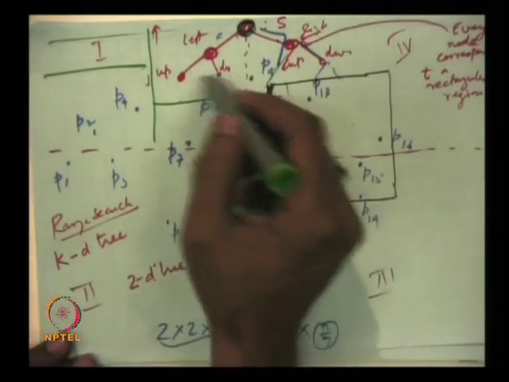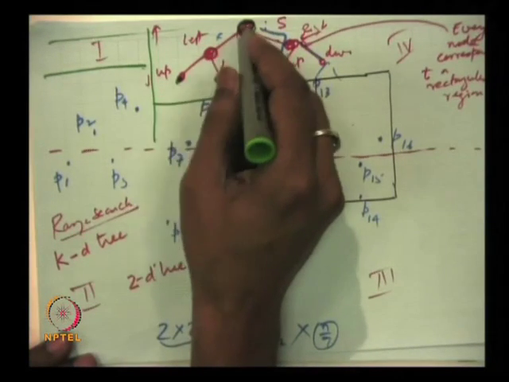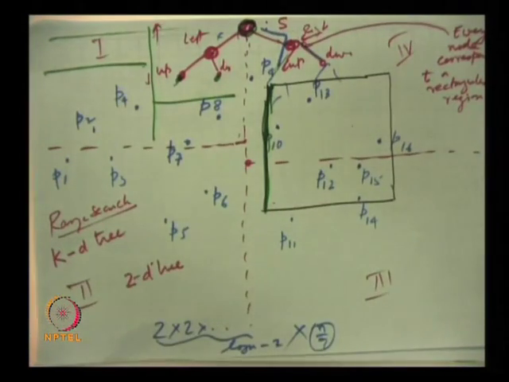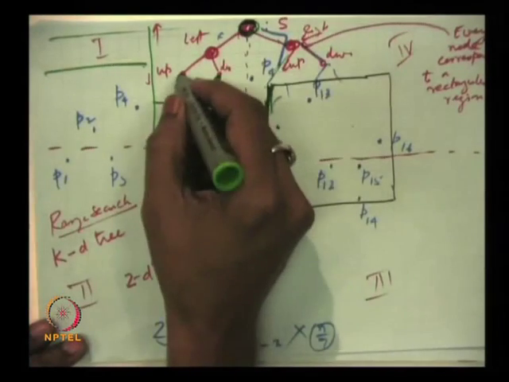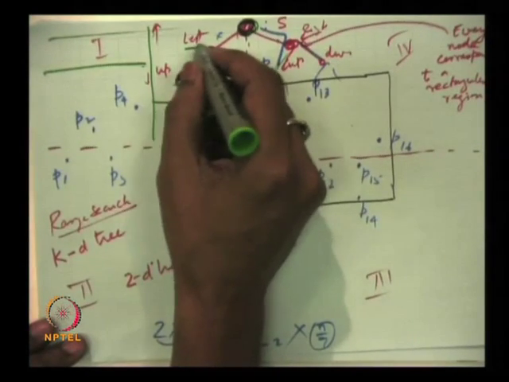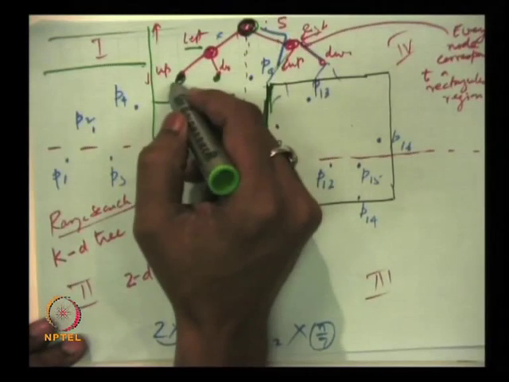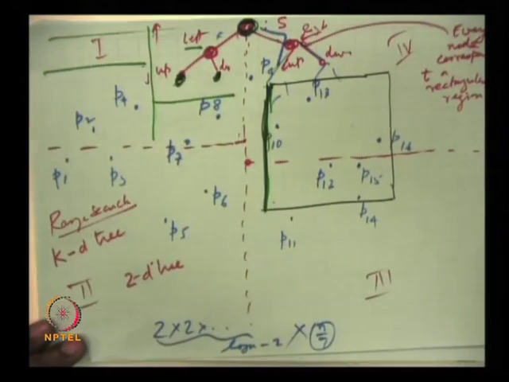So, as we proceed down the tree, when we skip this level and go to the next level, we are back again to the same situation that these nodes are bisectors of x. This is bisector of x and this is bisector of x. These nodes are bisectors of y's. So, when we proceed down to this level, again they correspond to rectangular regions which have at most how many points?